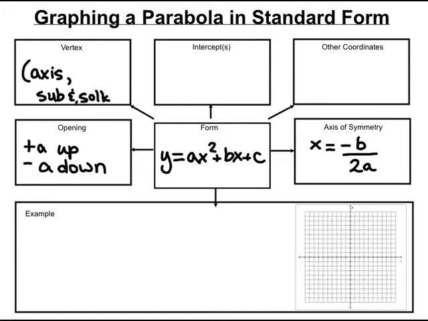And that will give me my y value. We also know that as our k. Remember, our axis of symmetry, even though we refer to it as x, is actually our h value.